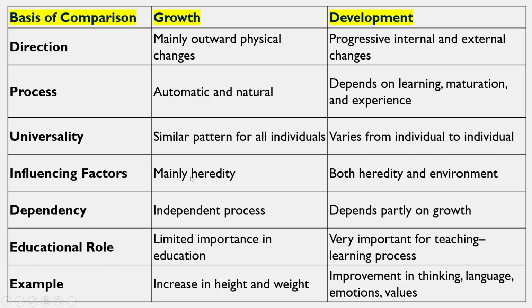Growth is influenced mainly by heredity. For development, both heredity and environment influence a child or a person. Dependency: growth is an independent process because it mainly depends on heredity, and development depends partly on growth as well. Educational role: I think this should not be included, because we can't say growth has limited importance in education and development has very much importance. We study both and both are needed.